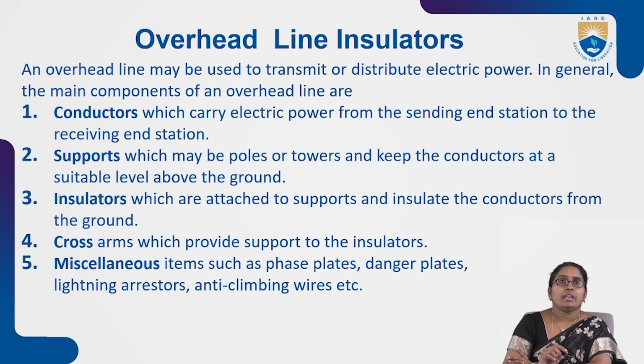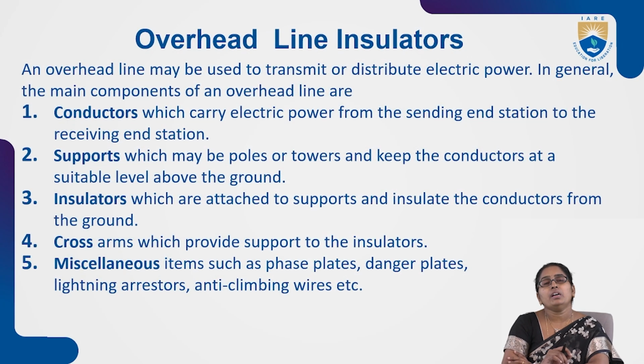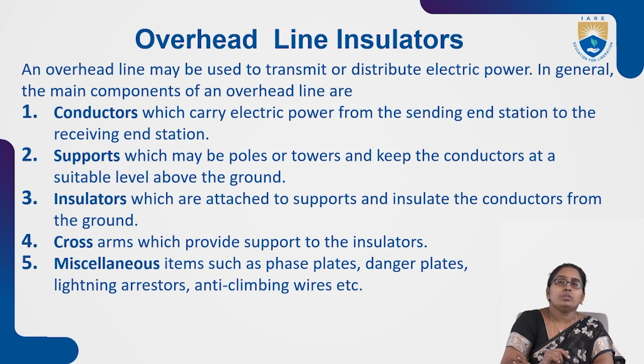You can see once again, conductors are the first component, the main component, which carries the electrical power from the sending end station to the receiving end station. Then supports may be a wooden pole or a steel tower, depending upon availability, and they keep the conductors at a suitable level above the ground.